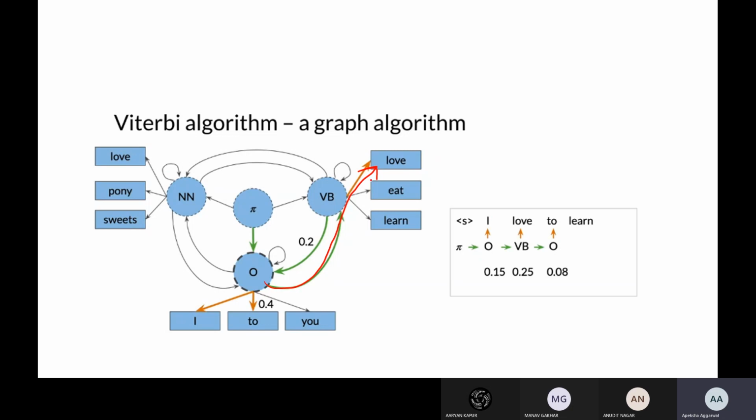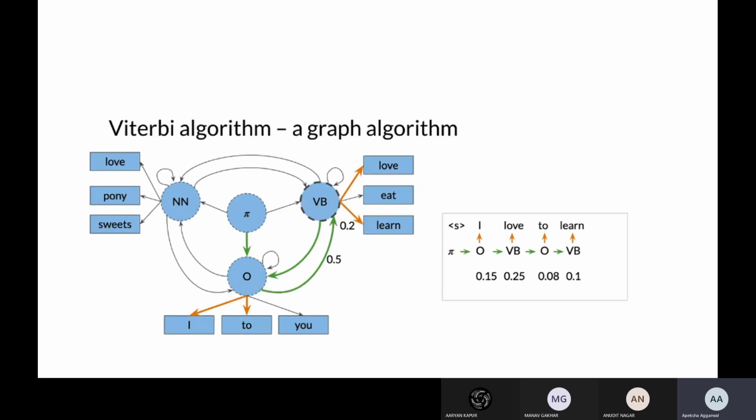Similarly, after I have reached this state, I am now at the verb state. What are the chances that "to" will appear if I am on a verb state? So "to" will appear over here. I will come back over here, and this is transition and emission: 0.2 into 0.4. So that is 0.08. Similarly, I will find the probability of "learn."